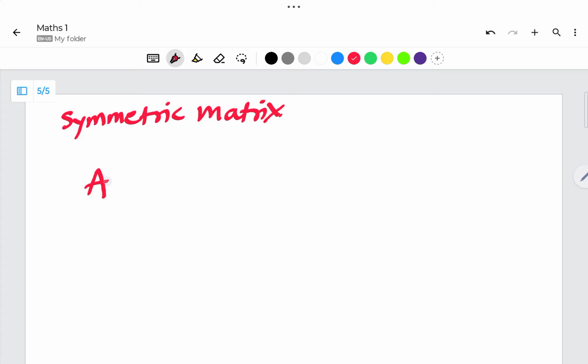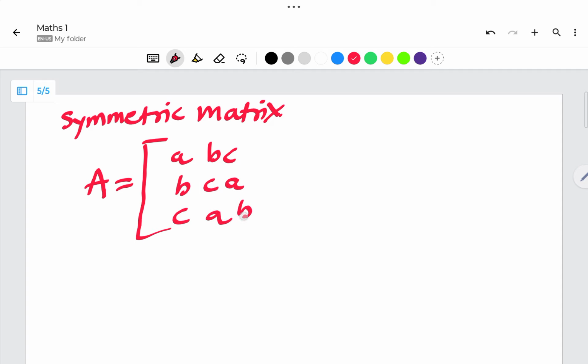If I say A is equal to A B C, B C A, C A B, the representation of the symmetric matrix we can say is A dash. If I change this row into a column, what will happen?